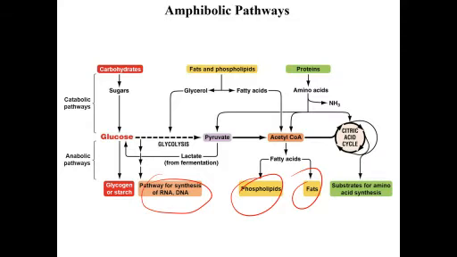And then from the citric acid cycle, you can funnel off amino acids, or at least precursors of amino acids that you use to make proteins. So there's always catabolic and anabolic processes taking place. You have synthetic and degradative processes.